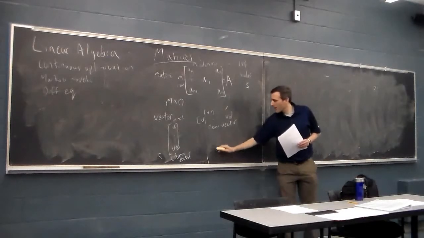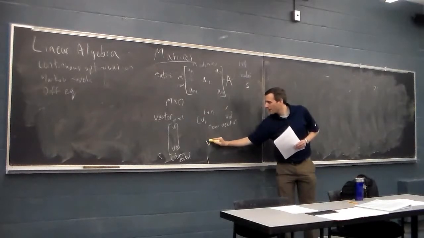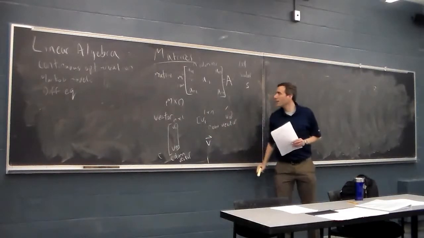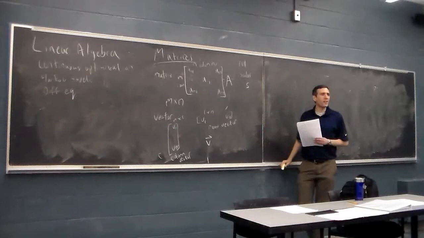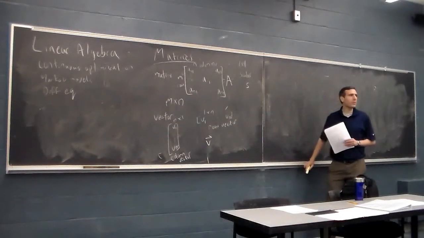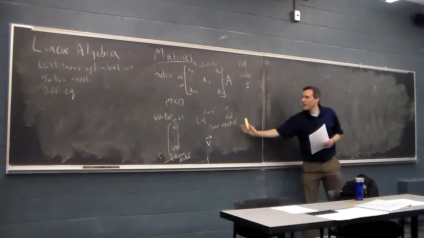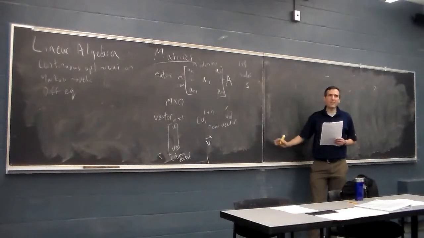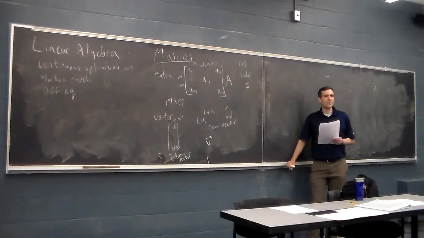A vector we'll commonly write as a lowercase letter with an arrow over it, so these would be vector V, and a scalar, just a lowercase letter with no decoration. Sometimes I will forget to put the arrows on, but I'll try to put them on when it's at least necessary to disambiguate things. So is this clear so far to everyone?